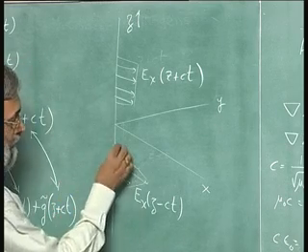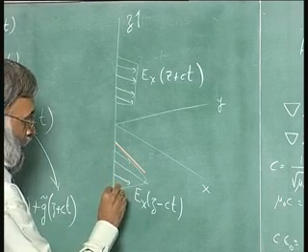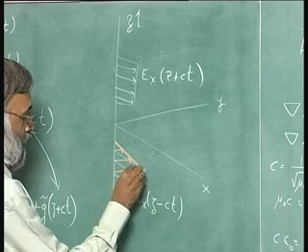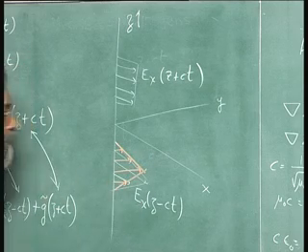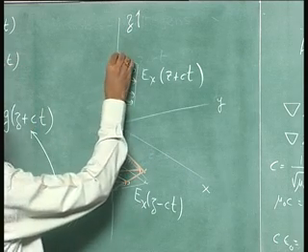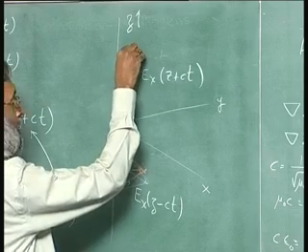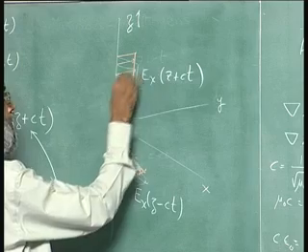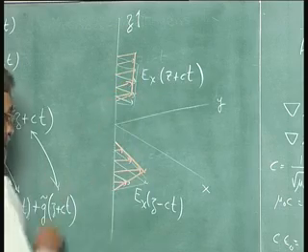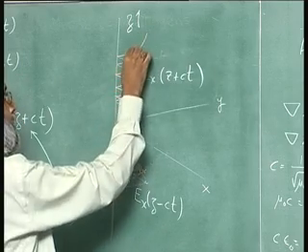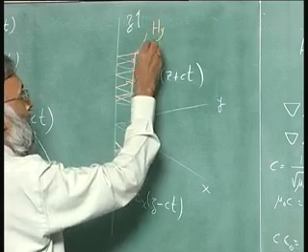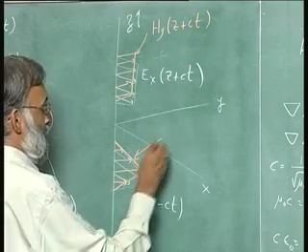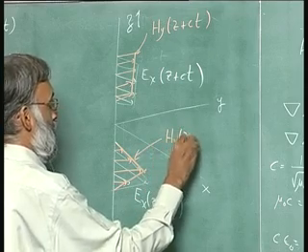Corresponding to this electric field, I have a magnetic field along the y direction, and corresponding to this also I have a magnetic field pointing in the y direction, and this magnetic field is Hy of z plus Ct, and this magnetic field is Hy of z minus Ct.